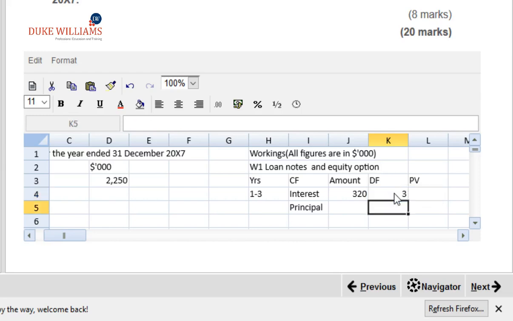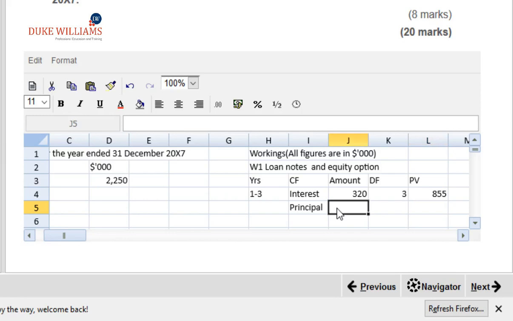So that should be our discount factor, but note that it is approximated to 3 decimal places, but it will give us the equivalent present value. So the present value would be our cell J4 times the discount factor. So approximately we have a present value of 855.